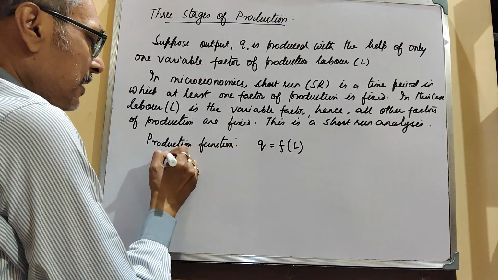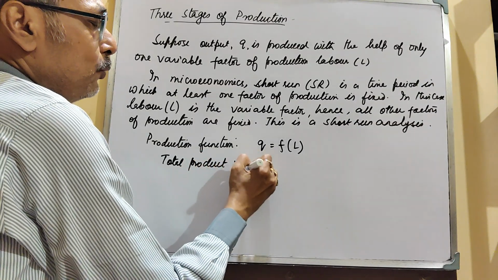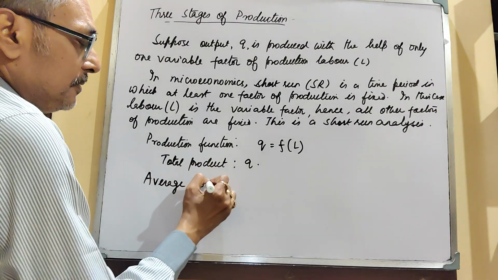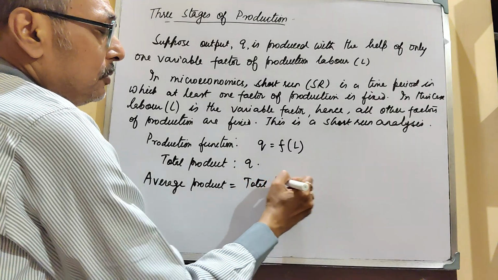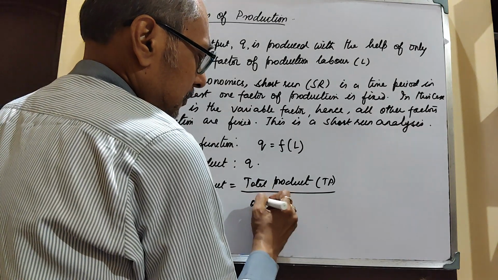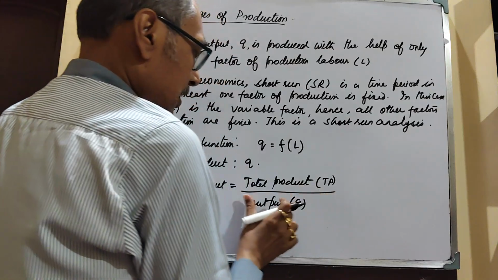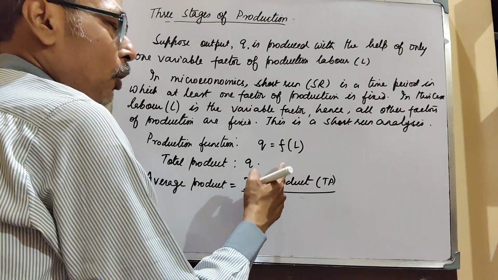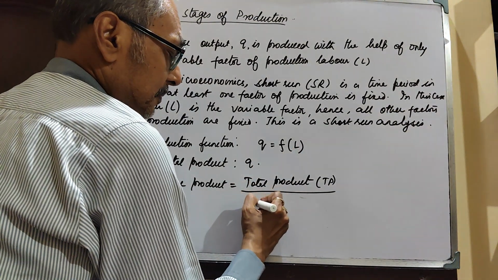Now, the total product is Q. Average product is total product TP by number of labor employed, because here labor is the only variable factor.